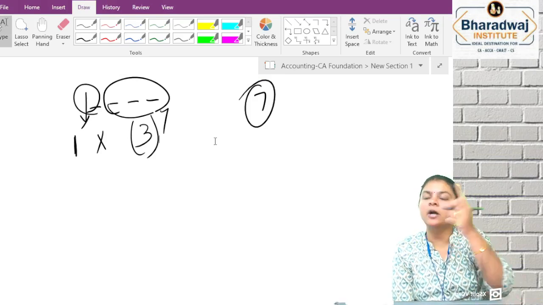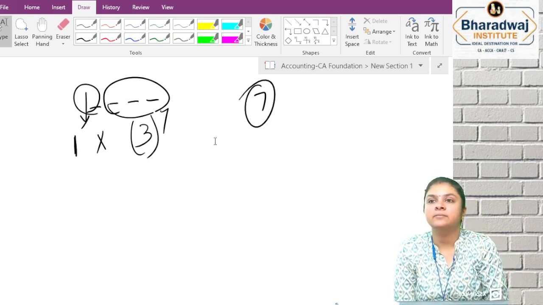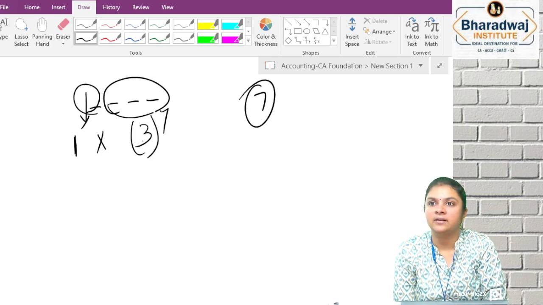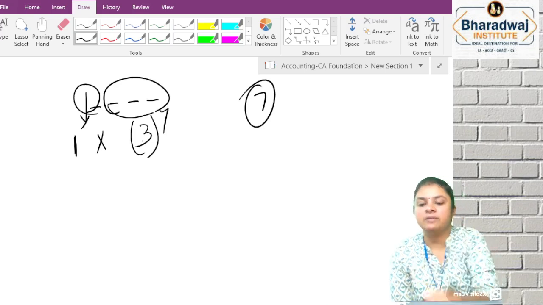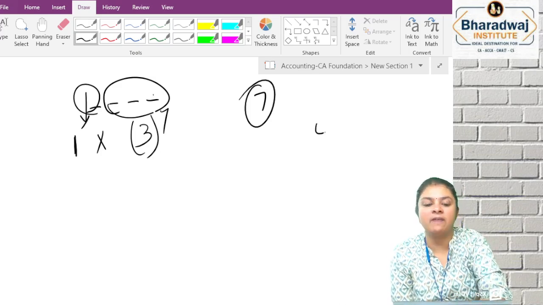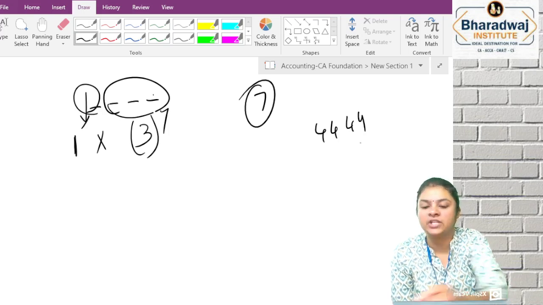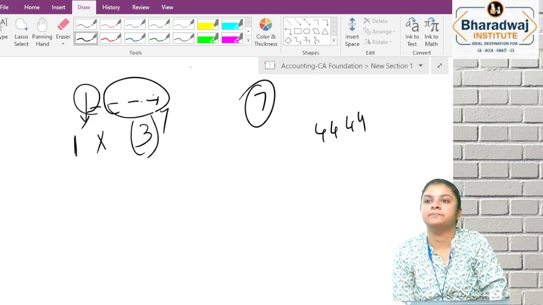For each number, how many positions are available? 3 positions are available. Correct? ஒரு நம்பருக்கு எவ்வளவு position available? 3 positions are available. Say for example, இப்போ 4 னா ஒரு நம்பர் எடுத்துக்கிட்டேன்னா 444 வரலாம். So I can have a number as 4444. So for each number 3 positions are available. So therefore 3 to the power 7.